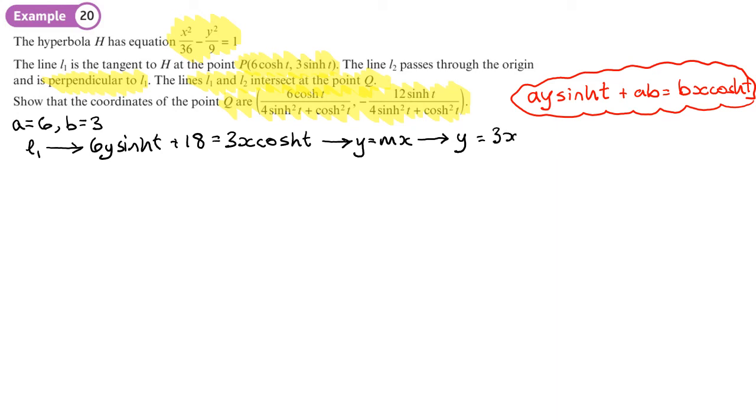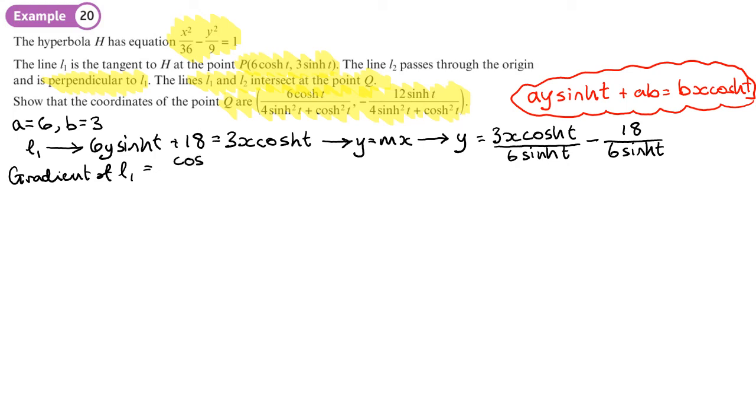So we'll have 3x cosh t divided by 6 sinh t, minus 18 divided by 6 sinh t. So the gradient of L1, and I might tidy up L1 in a moment, is going to be 3 over 6, so it's a half times cosh t over sinh t. So basically it's cosh t over 2 sinh t.